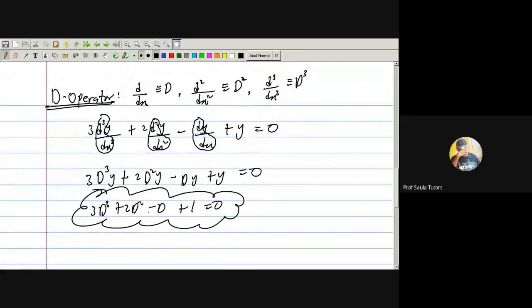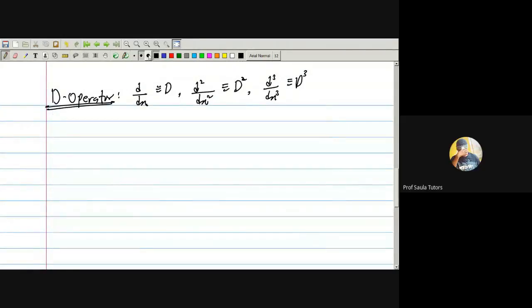So let us now use this D operator to solve some questions. We want to use it to solve differential equations. Now, pay attention. How do we solve this differential equation?